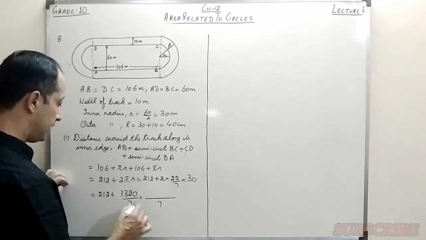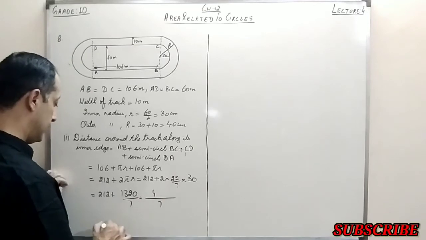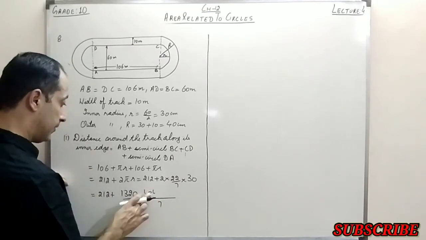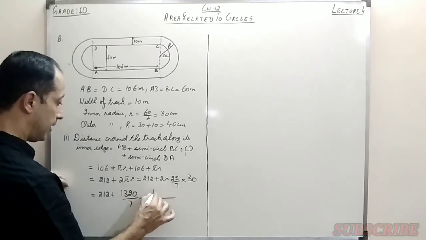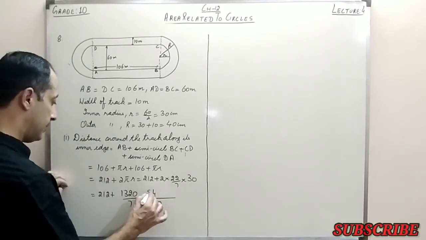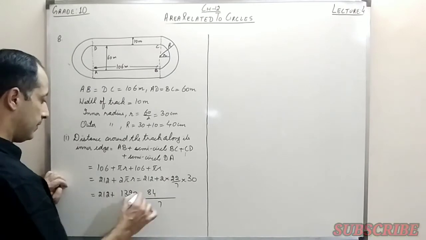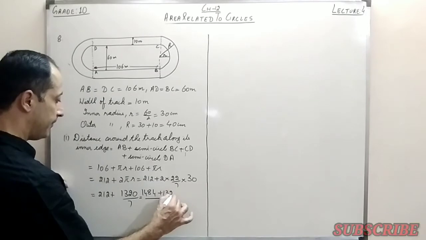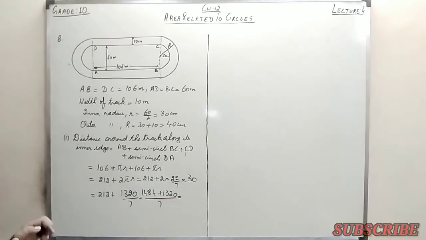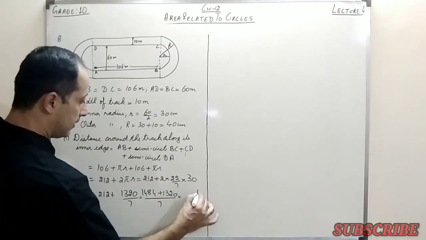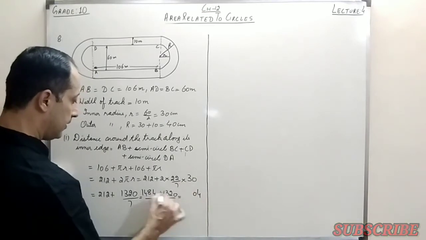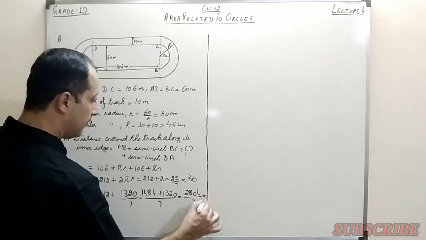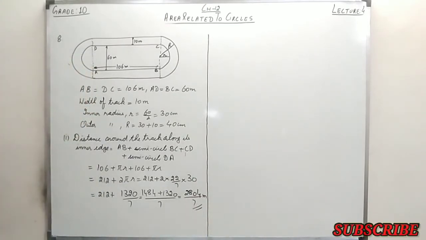LCM is 7, multiply 212 by 7, so this is 1484, and this is 1320. And adding, we get 2804 meters because this is the length.